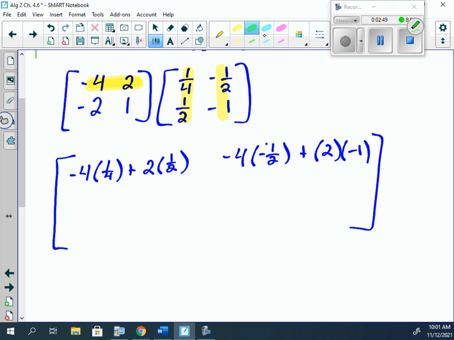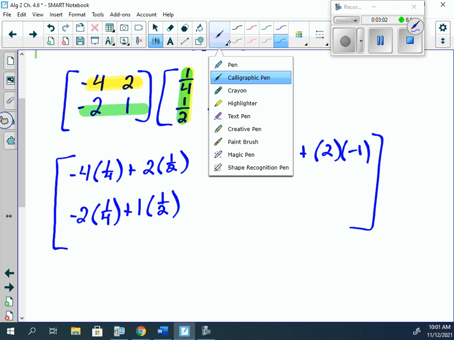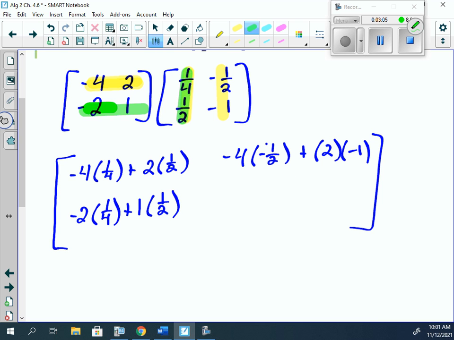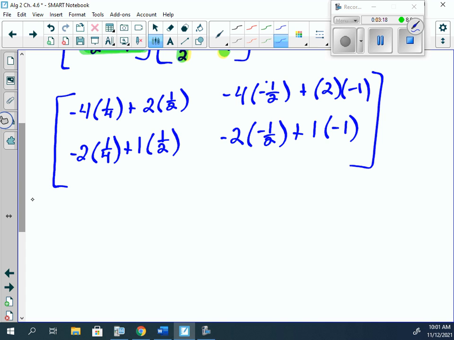We can do the same thing with the bottom row of the matrix, and have -2 times 1/4 plus 1 times 1/2. And lastly, we can go over and down, which would give -2 times -1/2 plus 1 times -1. Any questions on this here?